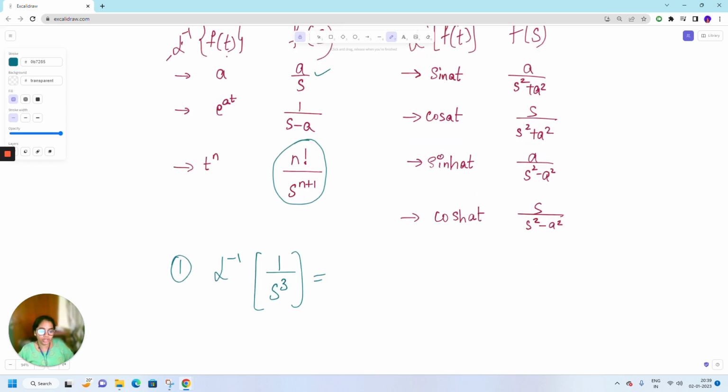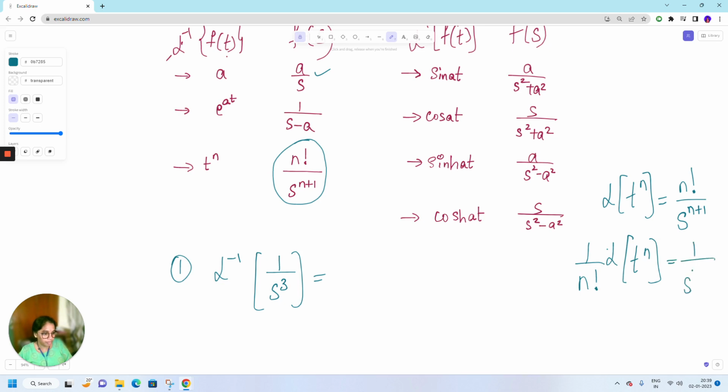So what is Laplace transform of t power n? Laplace transform of t power n is n factorial divided by s to the power n plus 1. Can I send this n factorial to the LHS? I would get 1 divided by n factorial into Laplace of t power n, equal to 1 divided by s to the power n plus 1.